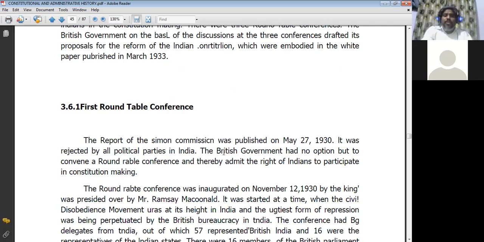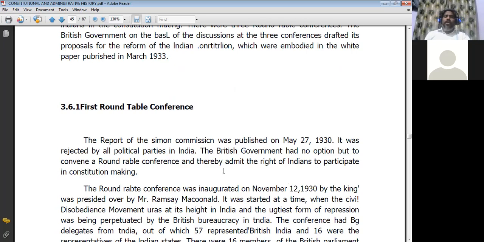The report of the Simon Commission was published on 27th May 1930. It was rejected by all parties in India. The British government had no option but to convene a roundtable conference and thereby admit the right of Indians to participate in constitution making.